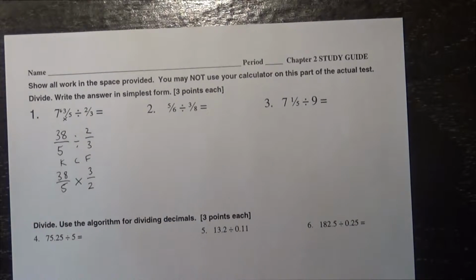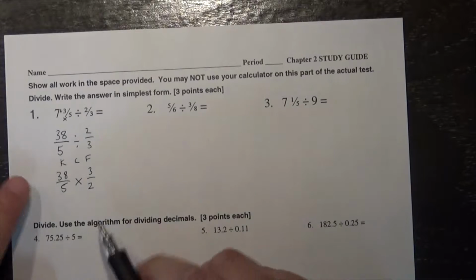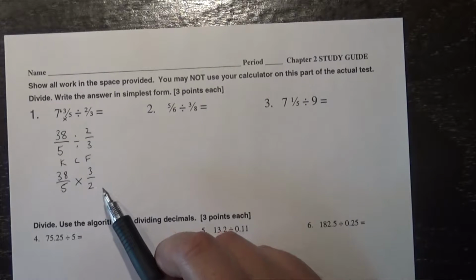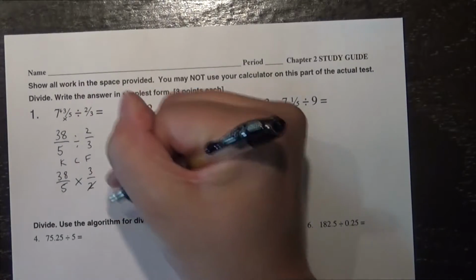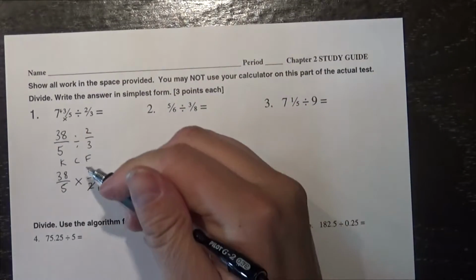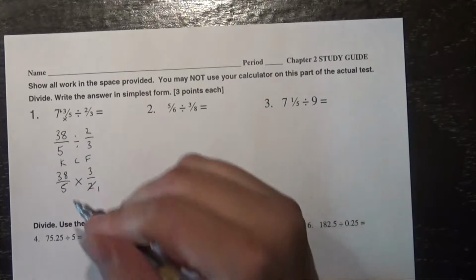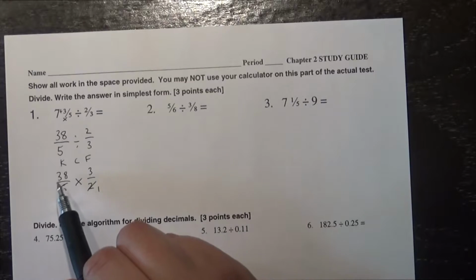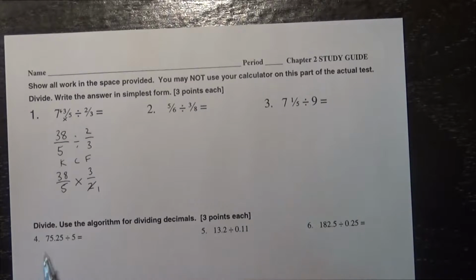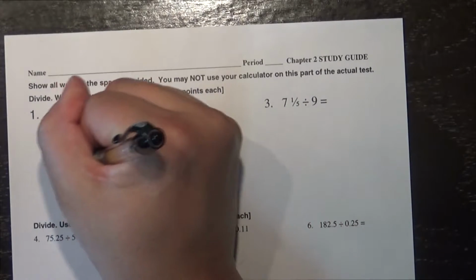Now I need to look and see if I can cross simplify. 5 and 3 do not have any common factors, but 38 and 2 do. In fact, the greatest common factor between 38 and 2 is 2. So 2 divided by 2 is 1, and 38 divided by 2, let's see, 2 goes into 3 once, 2 goes into 18 9 times.